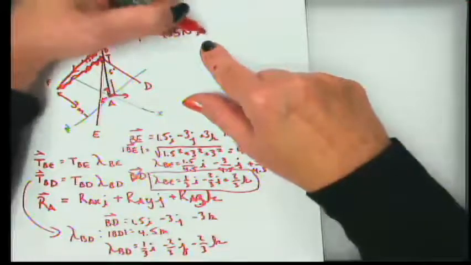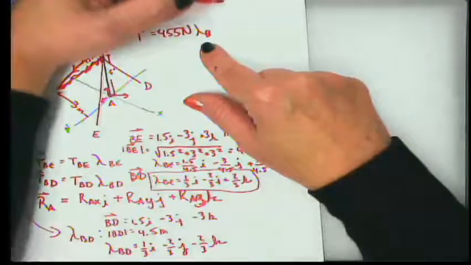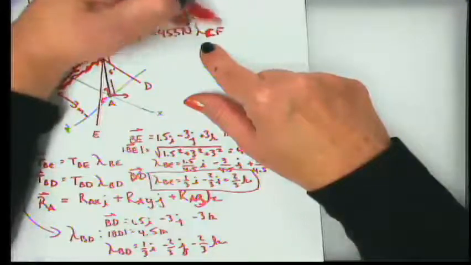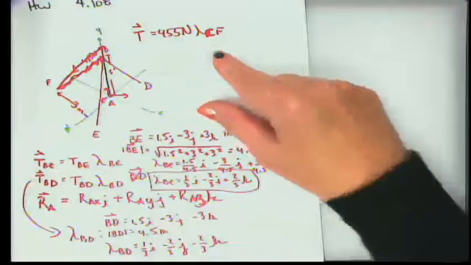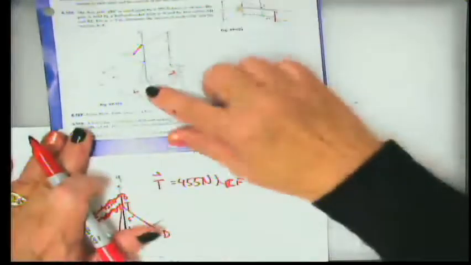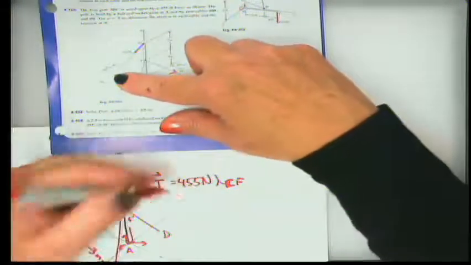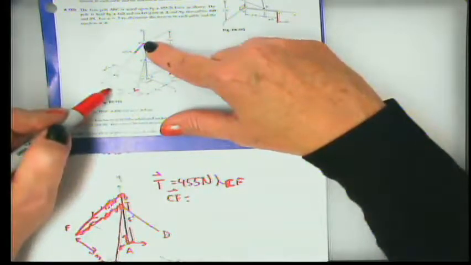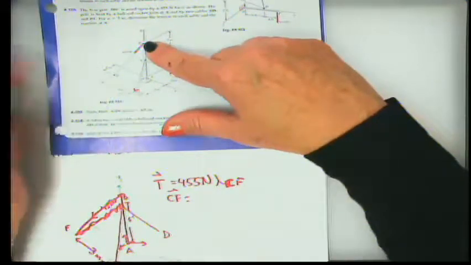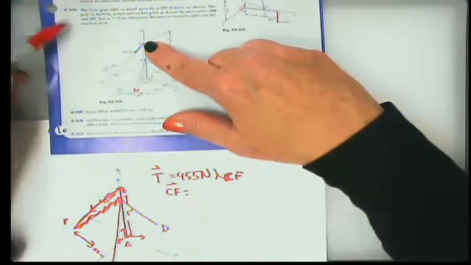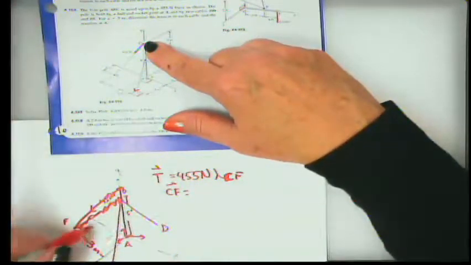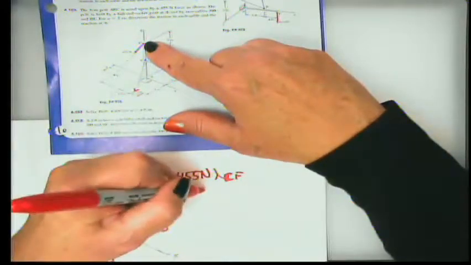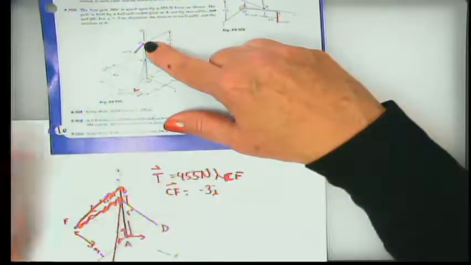So now let's have our lambda not from C to some point, or from B to some point, but from C to the point where it intersects the ground, which is F. All right, so from C to F, the vector CF, in the x direction, we go from here to here, and we are told in this problem that A is 3 meters, so from B to F, we are going back to the left, which is -3 meters in the I direction.